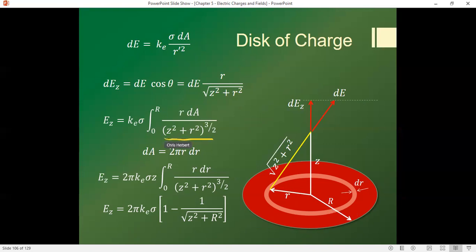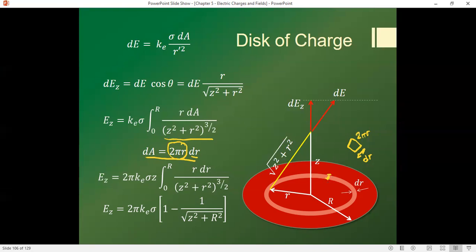So in any case, I get this crazy 3/2 power in the denominator. Once again, I'm going to substitute in for the infinitesimal amount of area here. If we think about a ring of charge, the area is equal to the circumference times the infinitesimal radius. So if we're looking at a little infinitesimal part of this disk, it's going to be dr times 2 pi r.